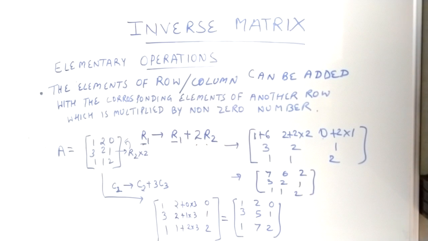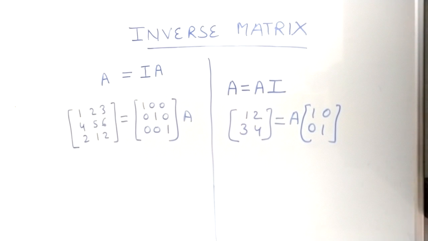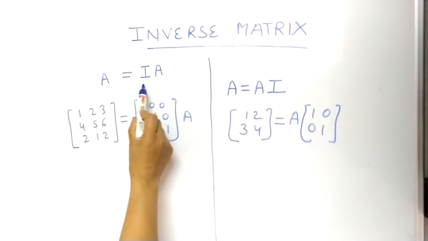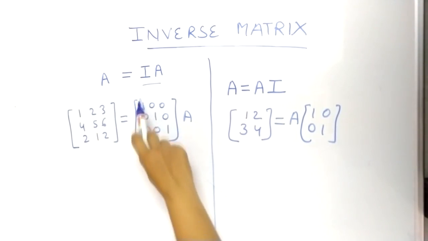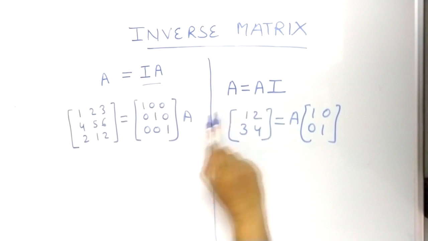Using these 3, we can find the inverse of a matrix. Now let's see how we can find the inverse. Look at this one. Here we have A equals IA. A can be written as IA, as I told before, and A can also be written as AI.